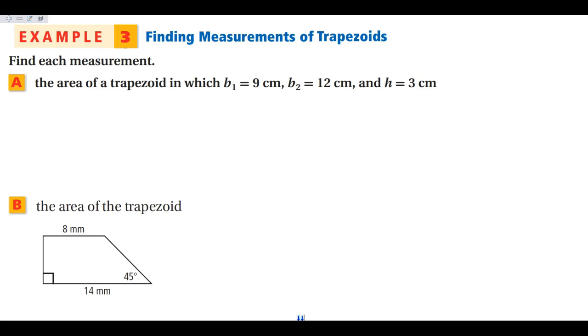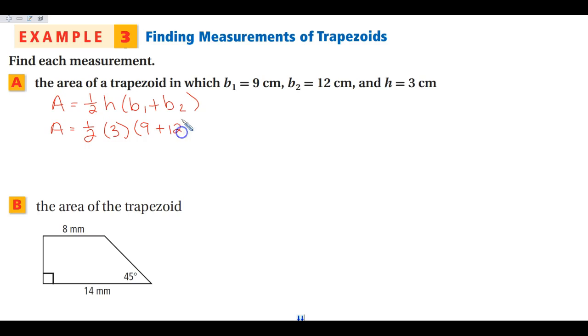Okay, so our formula for trapezoids is that our area is 1/2 of the height times base 1 plus base 2. All right. I'm told in this problem that my height is 3. So I'm going to do 1/2 times 3, and my base 1 and base 2 are 9 and 12.